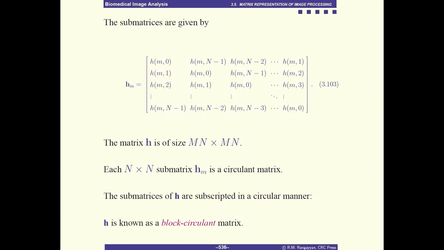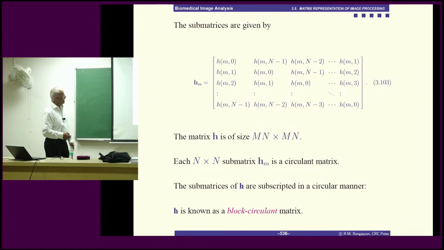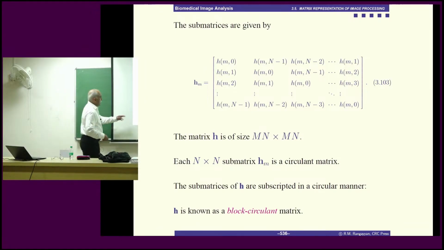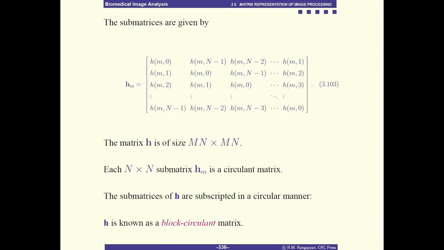So the matrix is of size mn by mn, or n square by n square. Each n by n submatrix here, Hm, is a circulant matrix. The submatrices are subscripted in a circulant manner here. And then H is known as a block circulant.